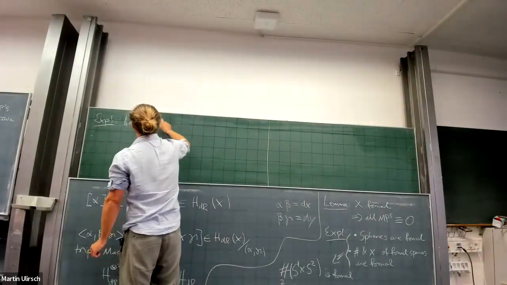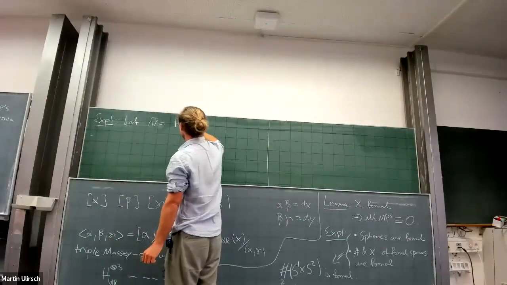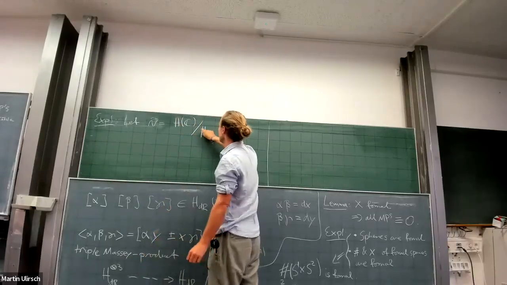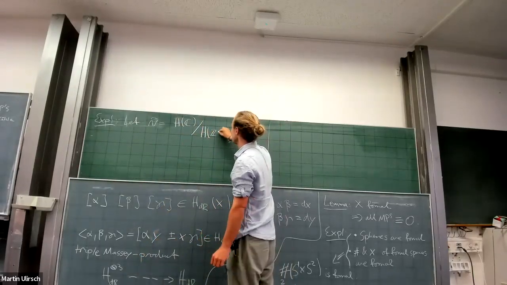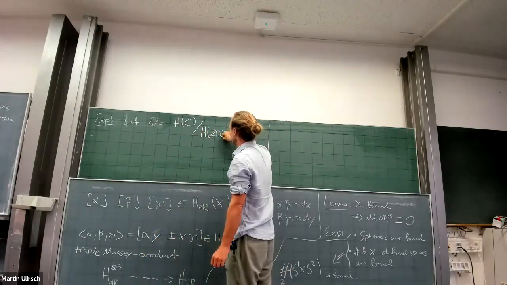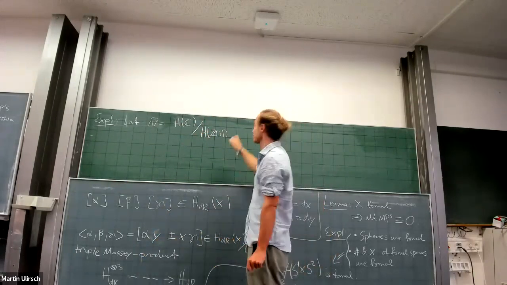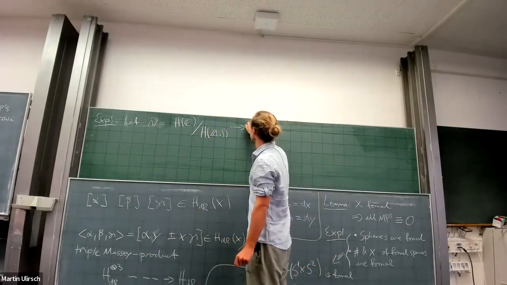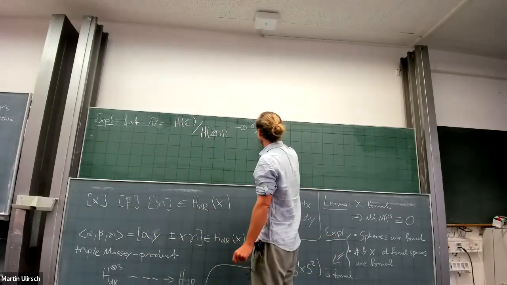Let N tilde be quite similarly defined to our manifold before: upper triangular matrices with complex entries, modulo upper triangular matrices with entries in the Gaussian integers. This fibers over a complex two-torus.